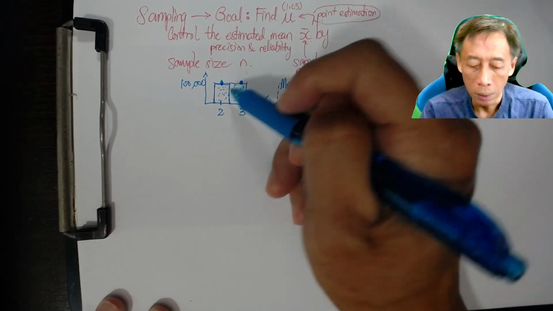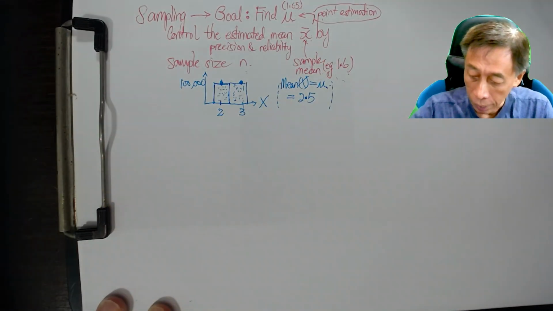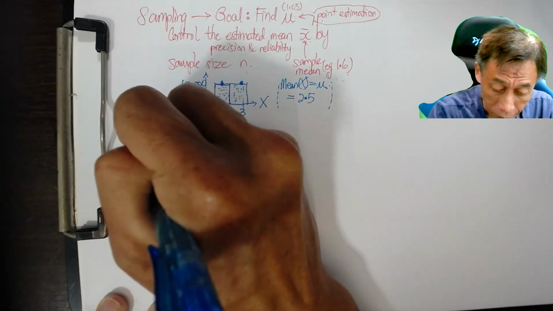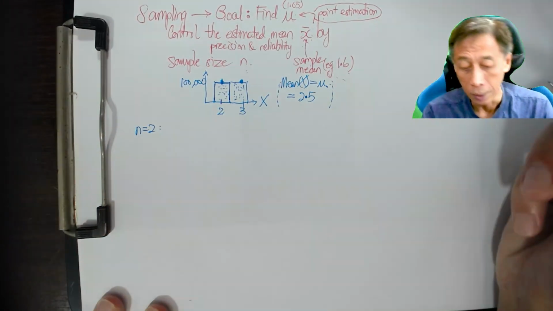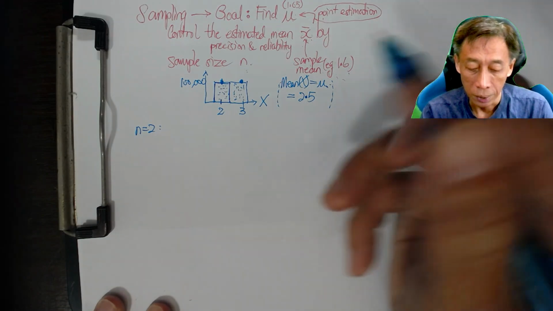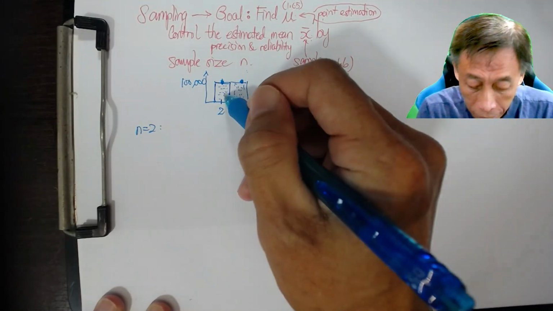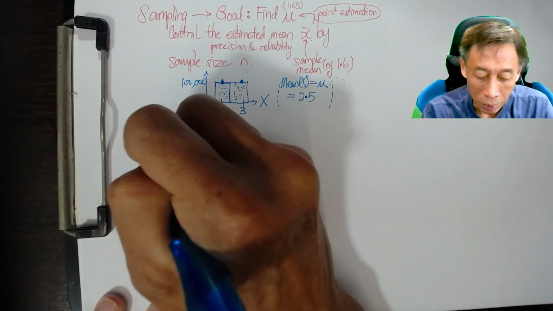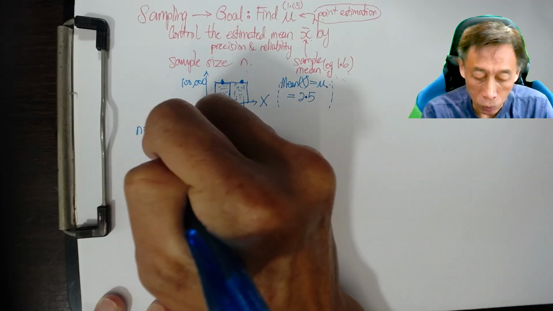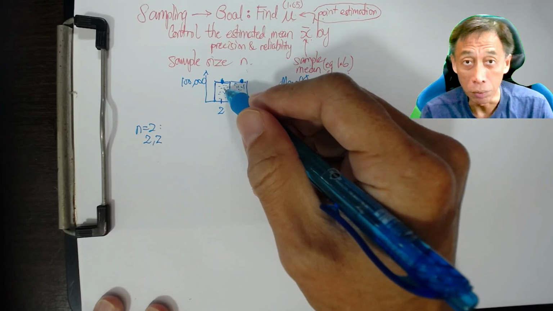Well, very simple. You can imagine you are one of the 200,000 people and you want to know. So what would you do? You will randomly ask, let's say n equals 2, a sample size of 2. So with a sample size of 2, you can get such a combination as 2 and then 2. First, you get a person who has $2.